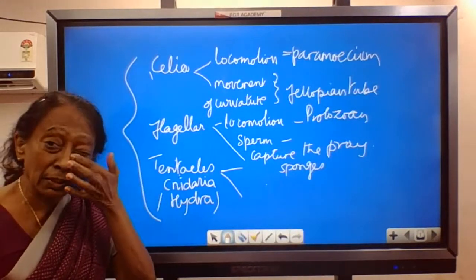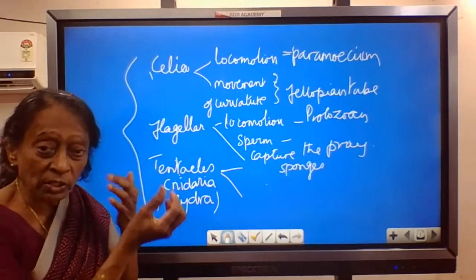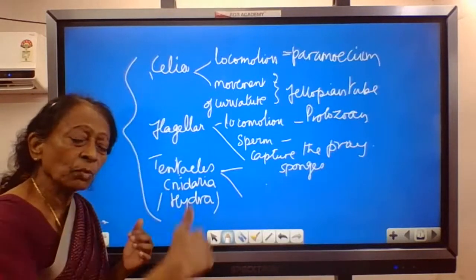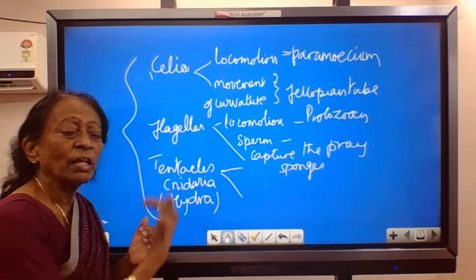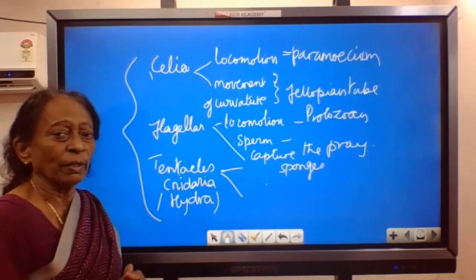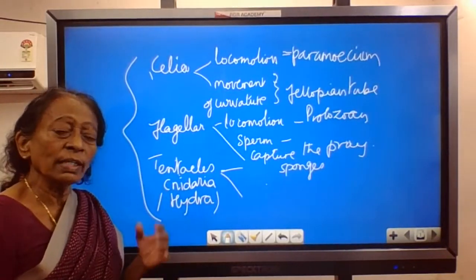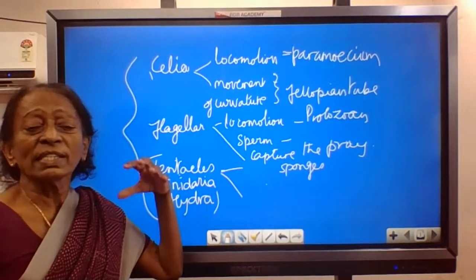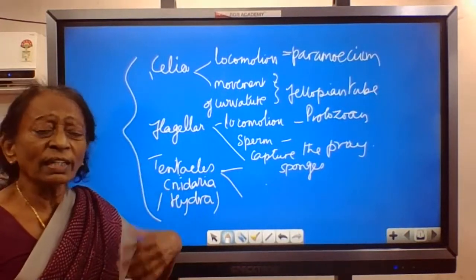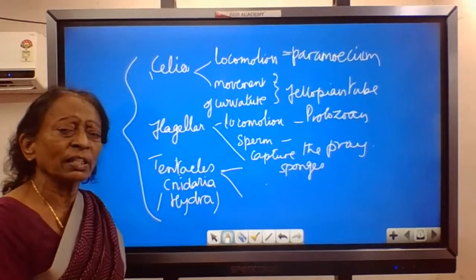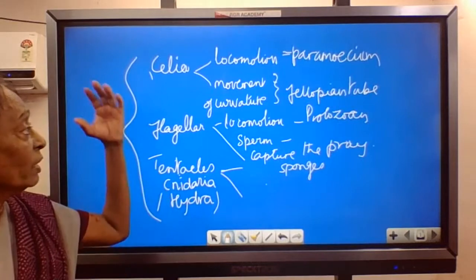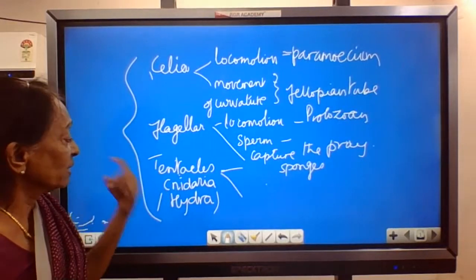If you study the structure of Paramecium, you have a small groove called the cytopharynx. The cytopharynx is lined by cilia, so it helps the water to move inside and attract the particles, which are the food of the animal. So these organs of movement help in locomotion as well as in other functions. You call this a movement of curvature. So that is about the organs of movement, particularly cilia, flagella, tentacles.